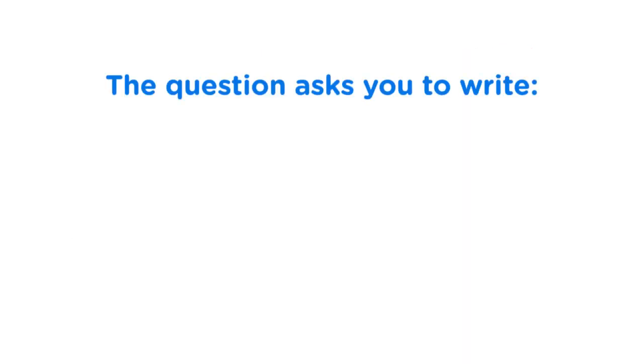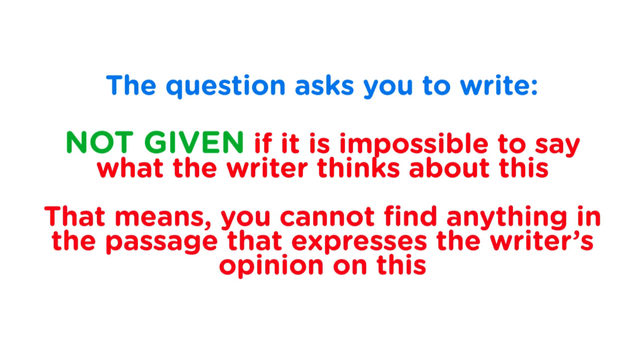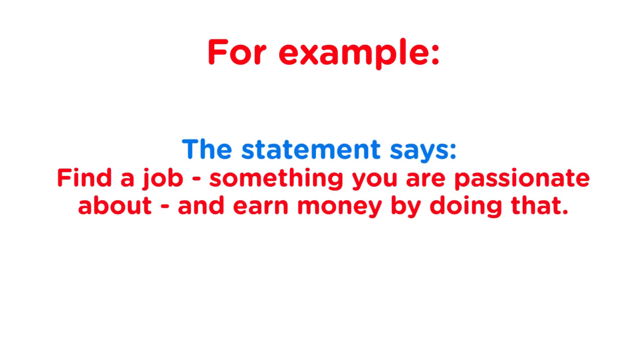The question asks you to write not given if it's impossible to say what the writer thinks about this. That means you can't find anything in the passage that expresses the author's opinion. For example, the statement says, "Find a job, something you are passionate about, and earn money by doing that."